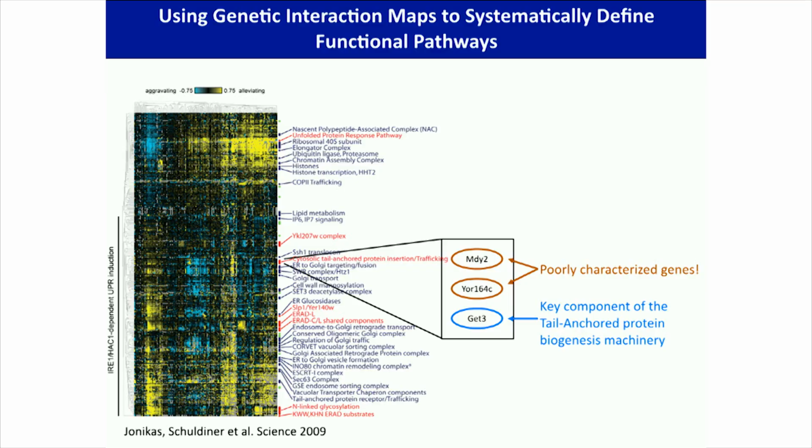The other 2 were either partially or completely uncharacterized. So in this case, we saw these 2 uncharacterized proteins. One was so uncharacterized no one had even bothered to give it a name. It's called YOR164C, which just means it was a yeast ORF on chromosome R, and it was the 164th gene on the Crick side of that chromosome.